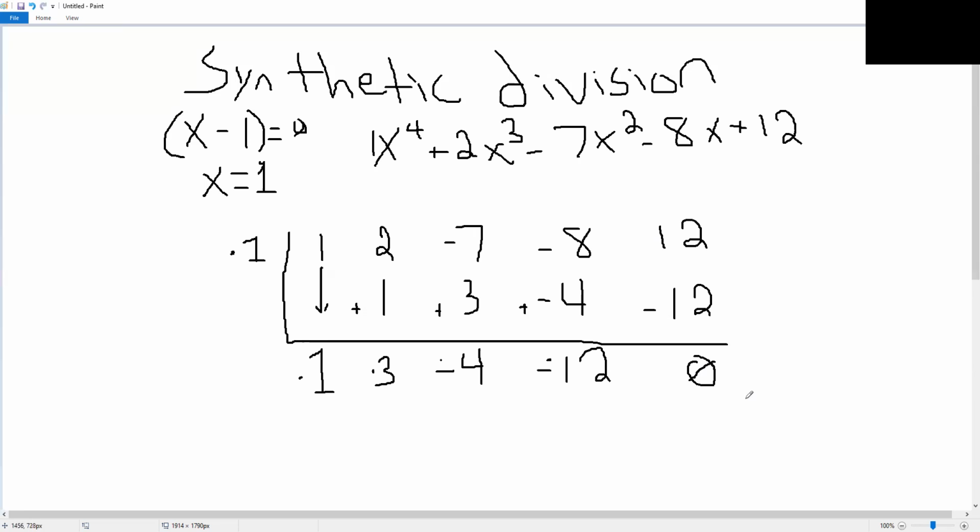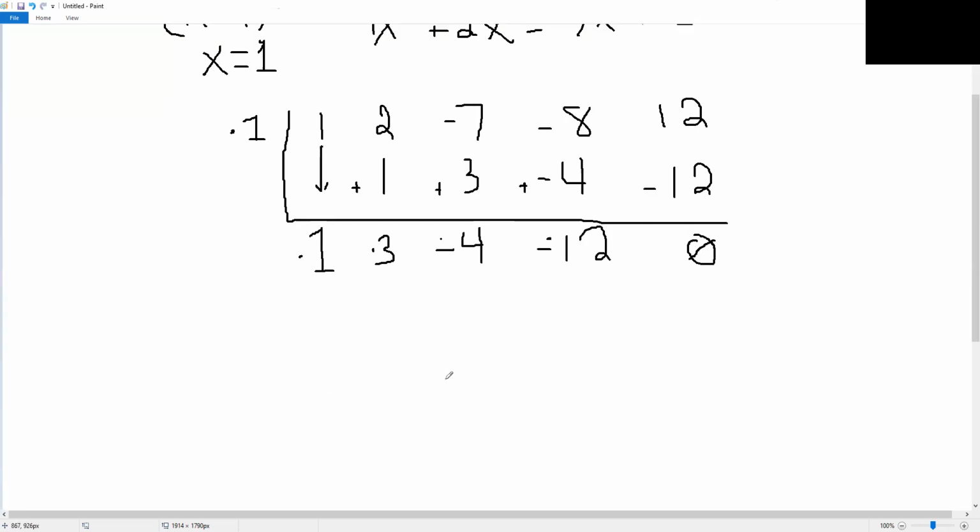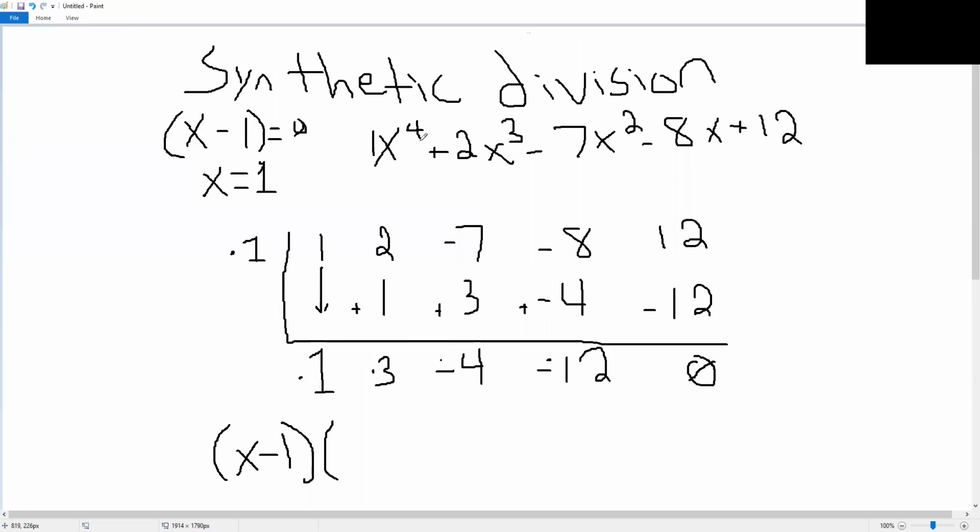Okay. Now, what did that help us figure out? Well, that helped us figure out that x minus 1 can be removed from this polynomial. And what we do is rewrite it as x minus 1. Now when you rewrite this, you see how this x to the fourth is here?